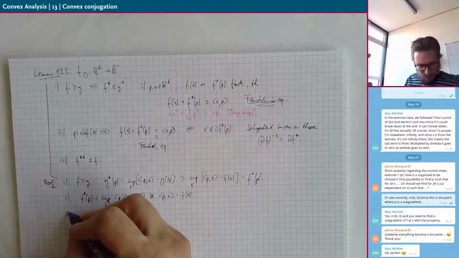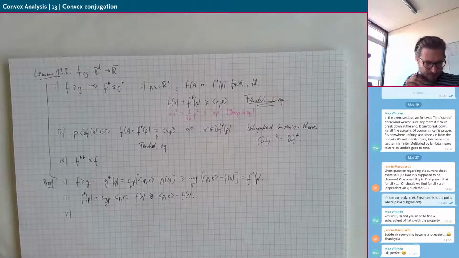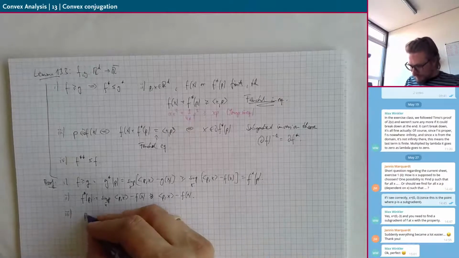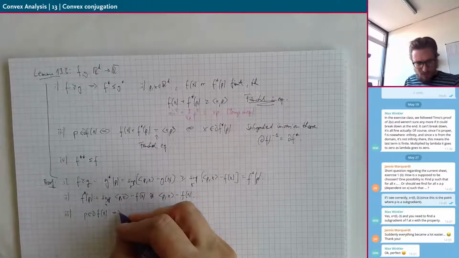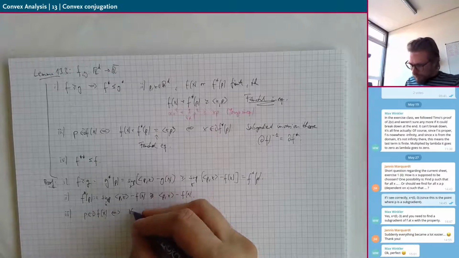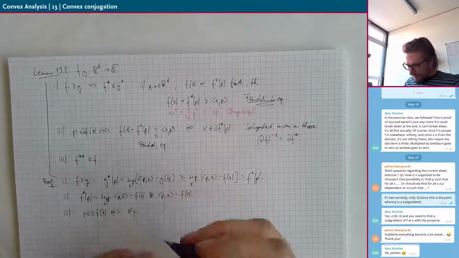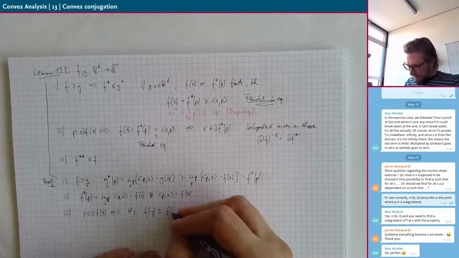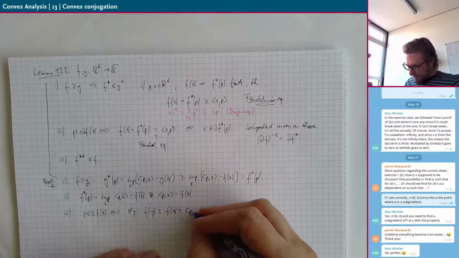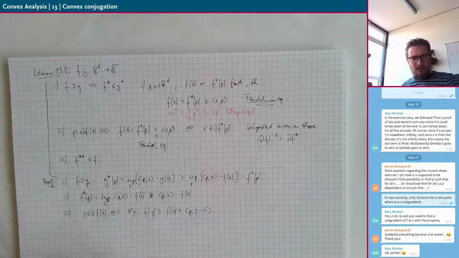So what about subgradient inversion? p is in the subgradient of f at x if and only if for all y we have, let's write it down first as we used to, f of y is larger or equal to f of x plus p times y minus x.